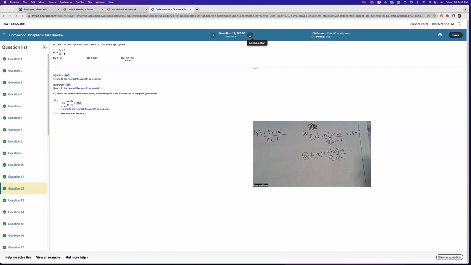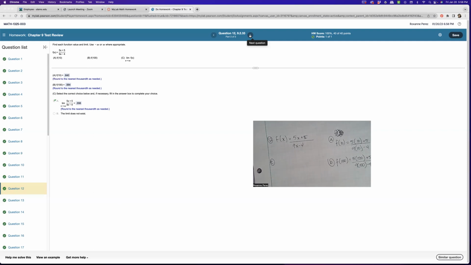Calculate that, rounded to the nearest thousandths place, is 0.564. And then part C is asking to evaluate the limit as your x value is approaching infinity.